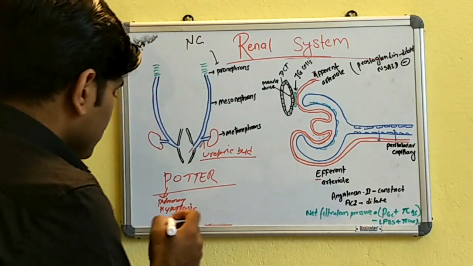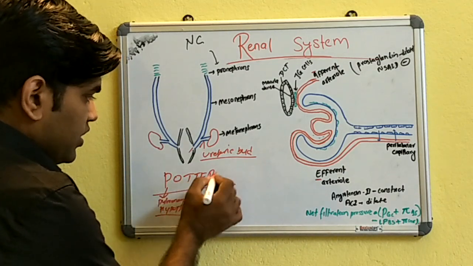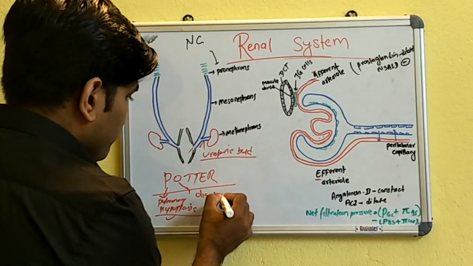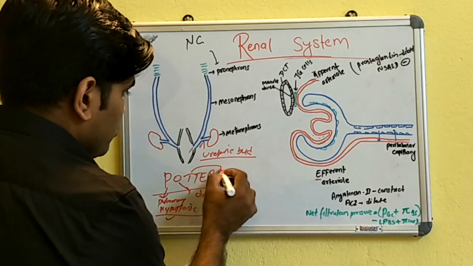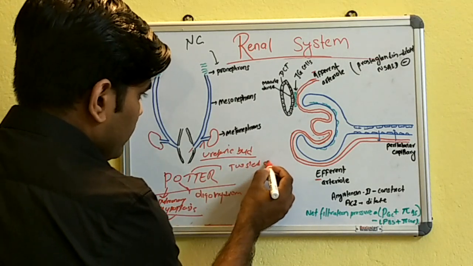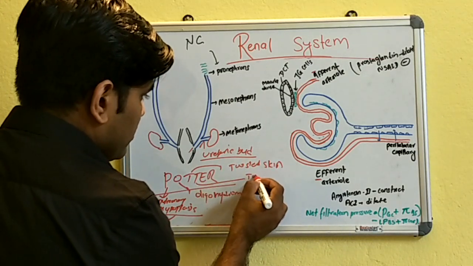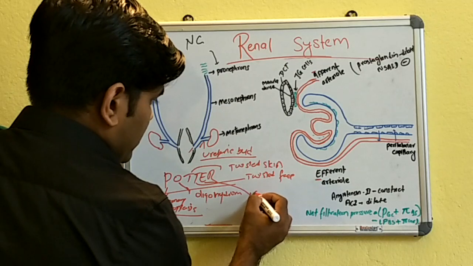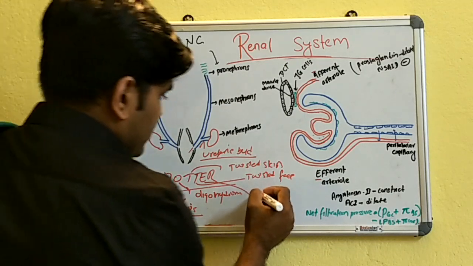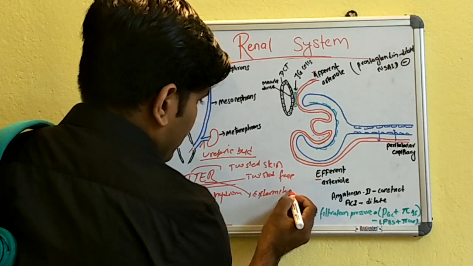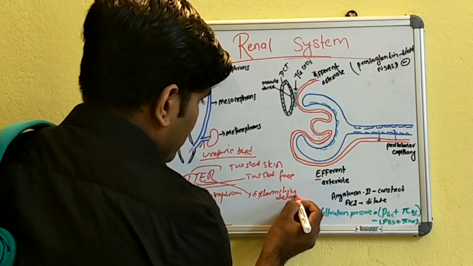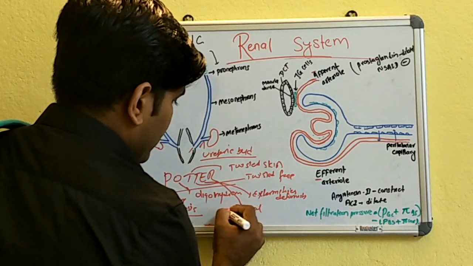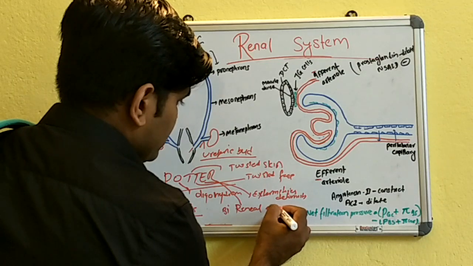Okay, so you can remember the Potter sequence consequences as POTTER: P for pulmonary hypoplasia, O for oligohydramnios, that is the trigger for it. T for twisted skin, another T for twisted face, E for extremities deformity, and R for renal agenesis, bilateral renal agenesis.